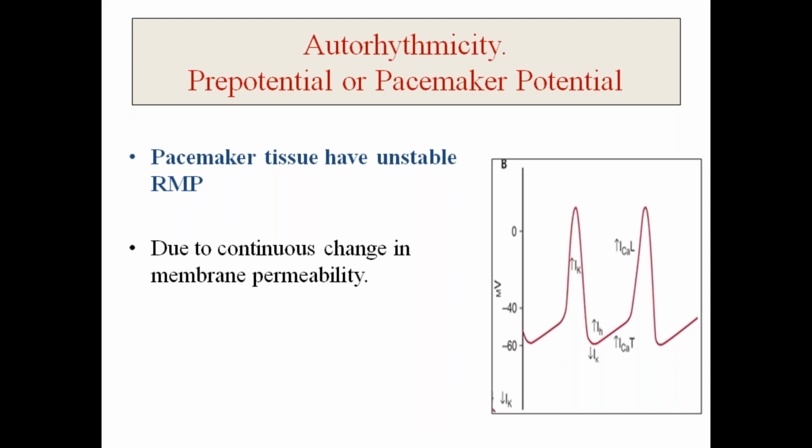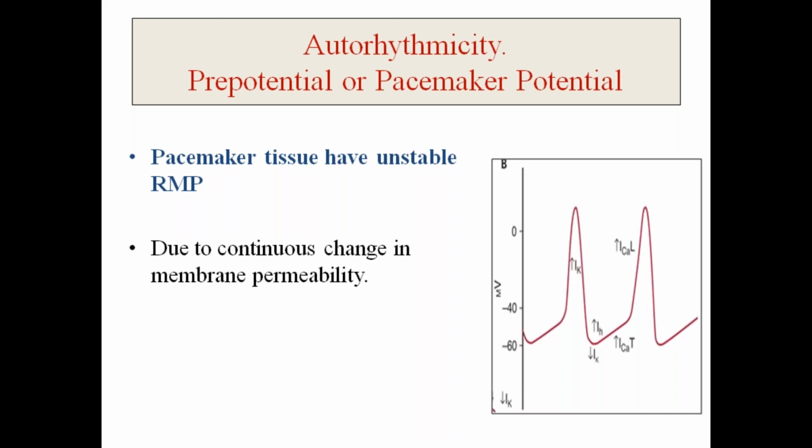Now we will see how the pacemaker is able to generate its own impulses. The pacemaker is able to generate its own impulses because of one thing that we call prepotential or pacemaker potential. Now, the resting membrane potential of the pacemaker tissue is unstable.